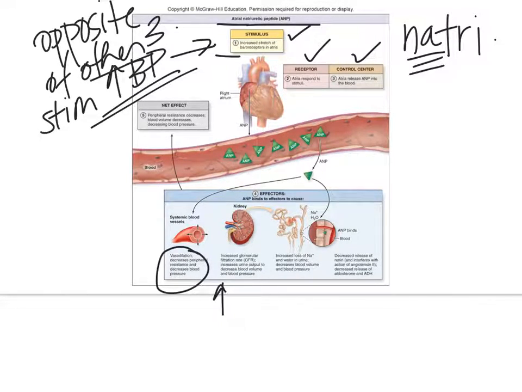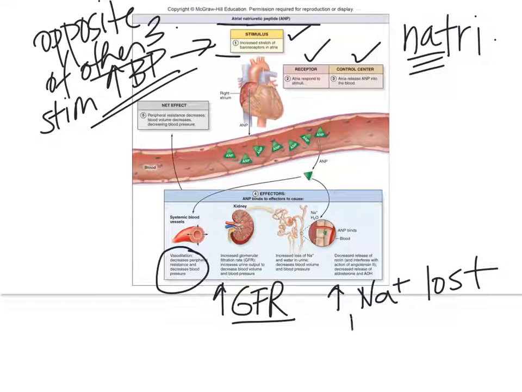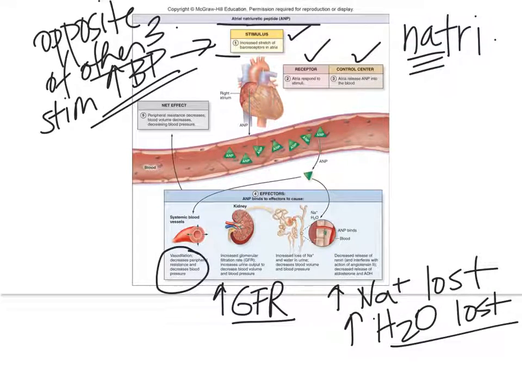It'll increase glomerular filtration rate. Then we're going to increase how much sodium is lost, and that means we're going to increase urine being secreted or lost. So we'll increase sodium, increase water, and that will decrease blood pressure and blood volume.